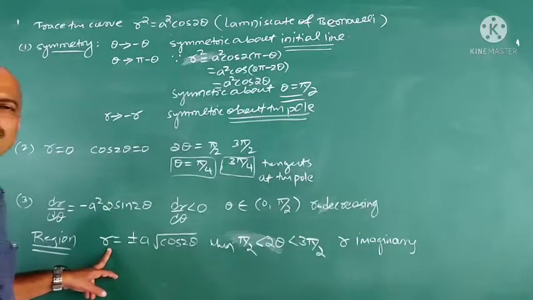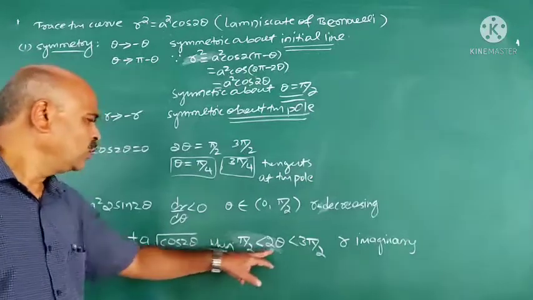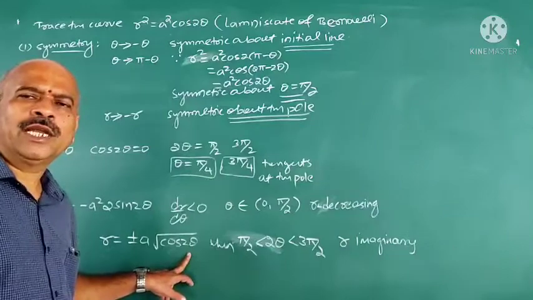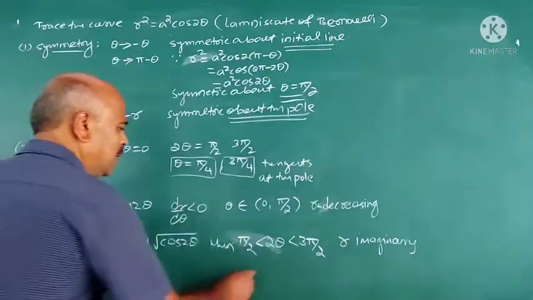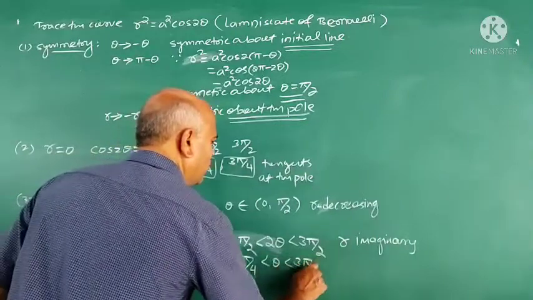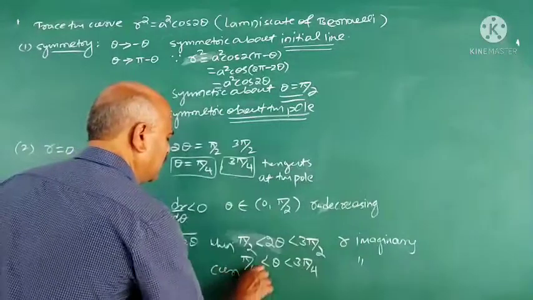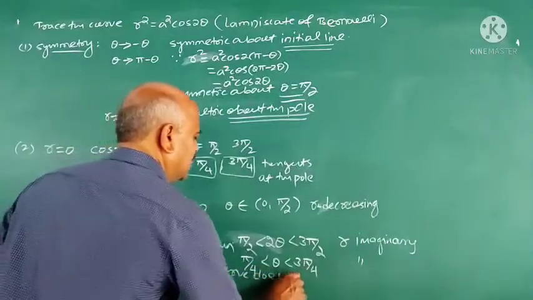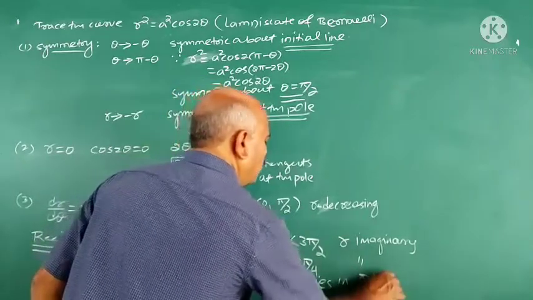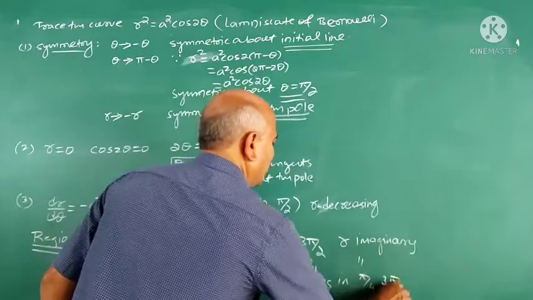We have solved for r here. R is plus or minus a square root of cos 2 theta, and when 2 theta is greater than pi by 2, less than 3 pi by 2, cos 2 theta becomes negative. R becomes imaginary. That is, theta is greater than pi by 4, less than 3 pi by 4, r is imaginary, and the curve doesn't lie in pi by 4 to 3 pi by 4.